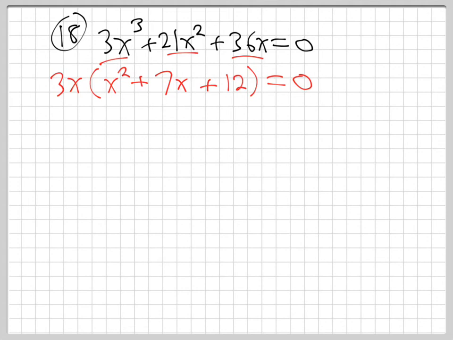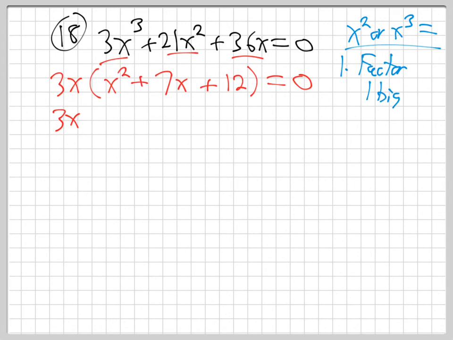You do the 1 big parenthesis, and then you try to do the 2 from there. So this is how you handle x squared or x cubed with an equals. Step 1, factor, and that means do the 1 big parenthesis and then do the 2 parentheses, right?